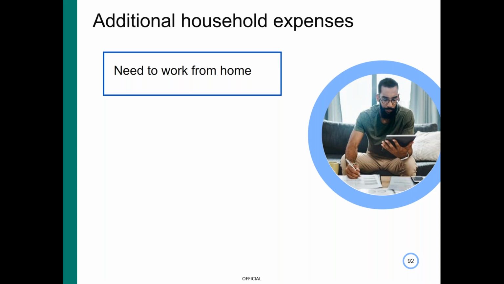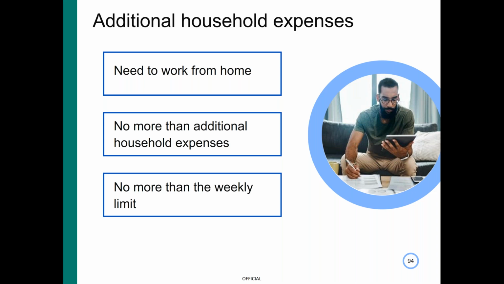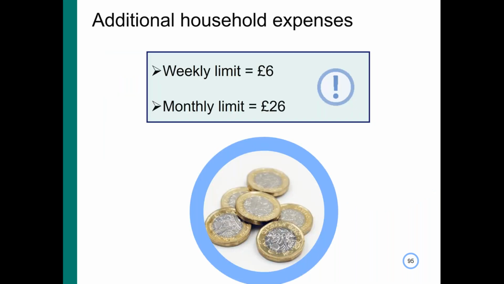The amount you give them is no more than their additional household expenses, or the amount you give them is no more than the current weekly limit. Since 6th of April 2020, the weekly limit has been £6. That's £26 a month for monthly paid employees.